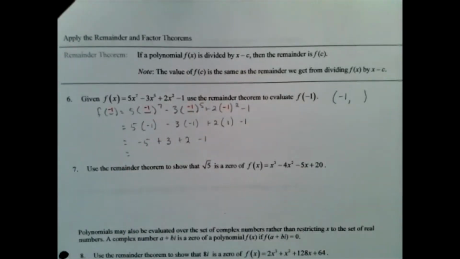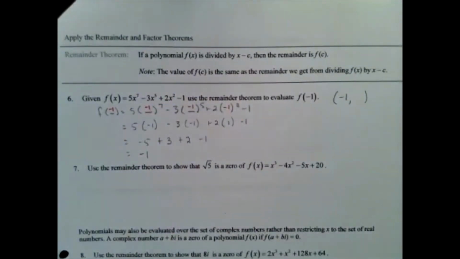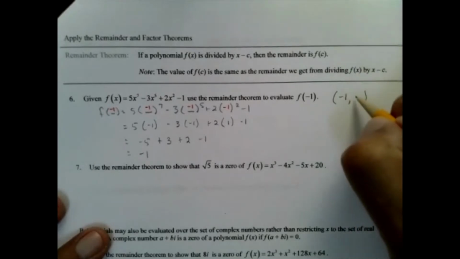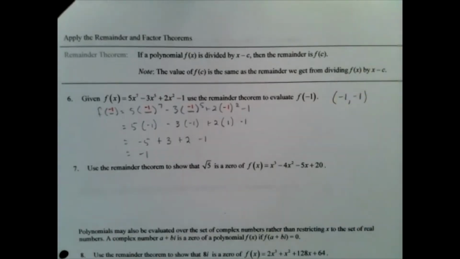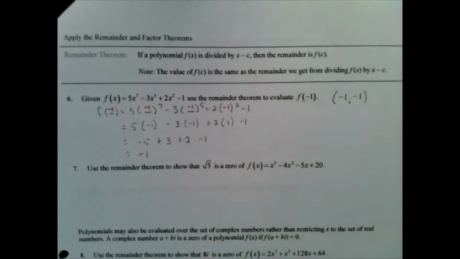And if I put all of that together, I get the value -1. So for an x value of -1, my y value is -1.